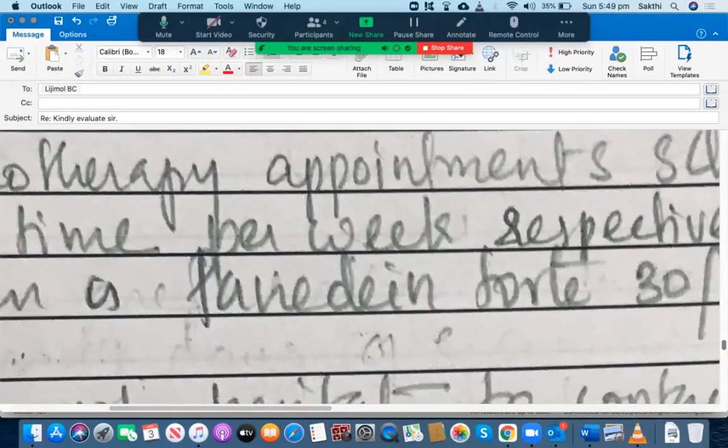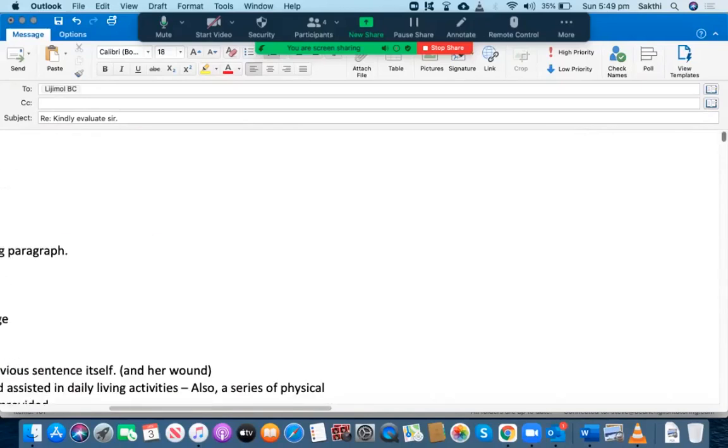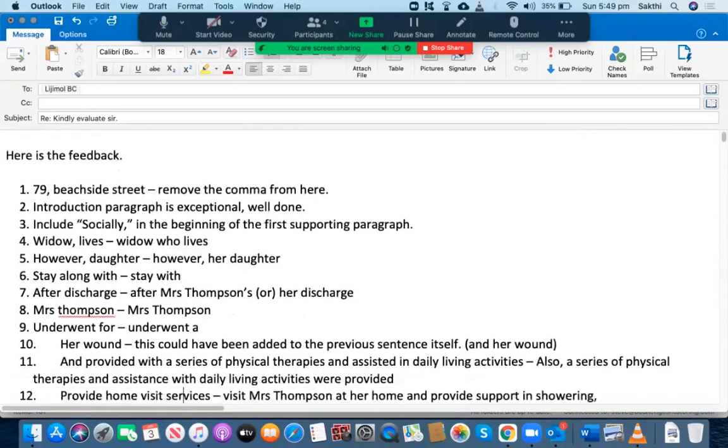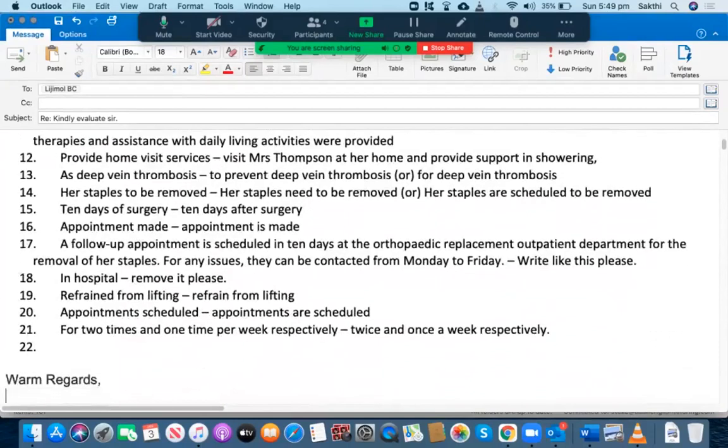Or you can use maybe the passive voice. Let's go through this. You can write like this. Okay, let me write it down. Panadin 30/500 mg, that is prescribed or is advised to be taken when required.